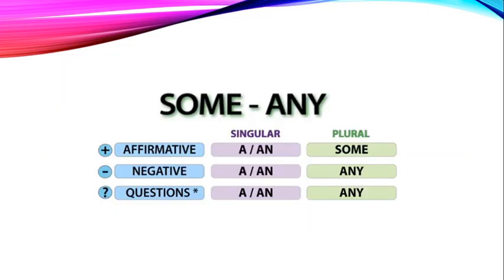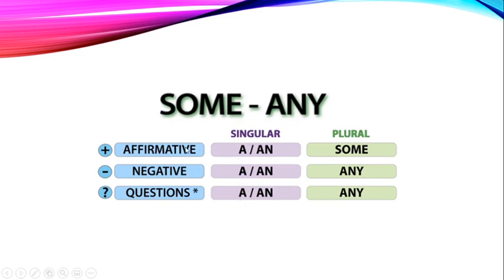Here we have when do we use some and when do we use any. Some is used just for plural and in the affirmative. Okay, affirmative in plural. For example, I have some flowers in my bedroom. Okay, and if I use a or an, it is just for the singular.